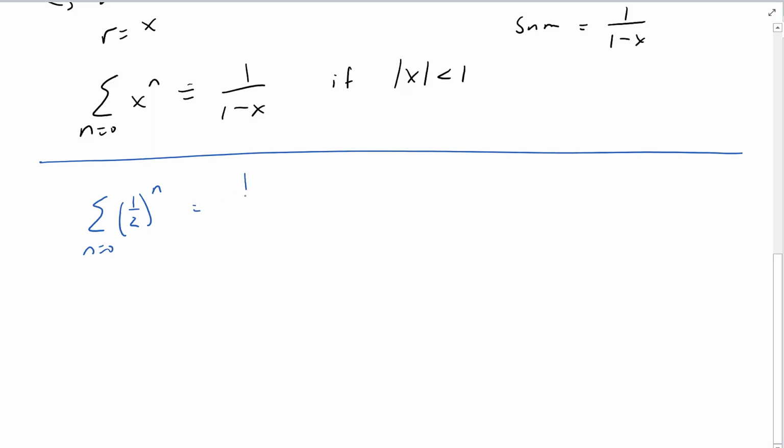We have this formula. We know it's 1 over 1 minus 1/2. In other words, what do I plug in for x here? Plugs in for this other side of the equation as long as the absolute value of x is less than 1. And so I can find the sum of that power series if I want. So this ends up being 1 over 1/2, which ends up being a sum of 2.